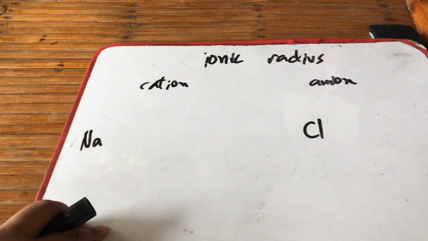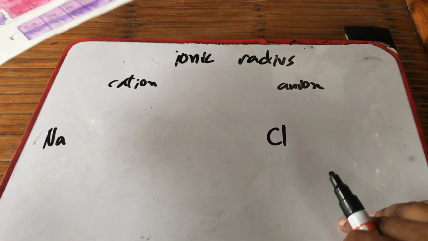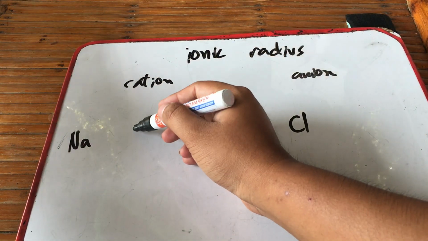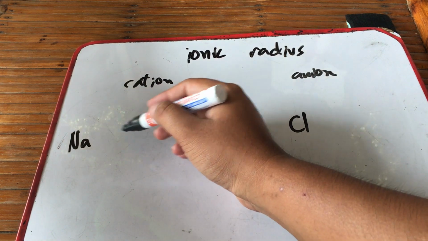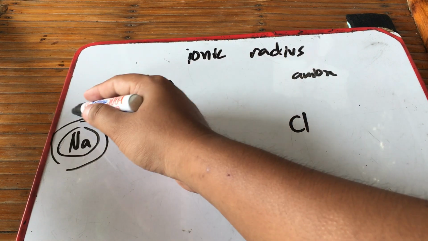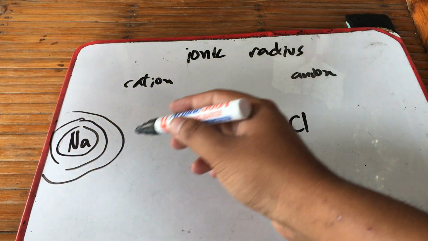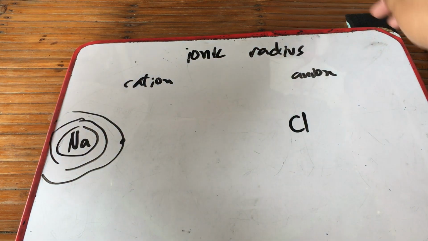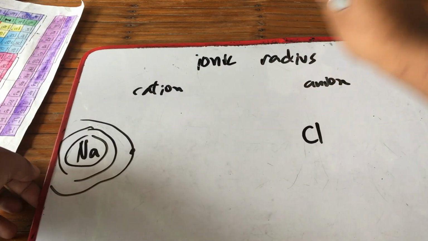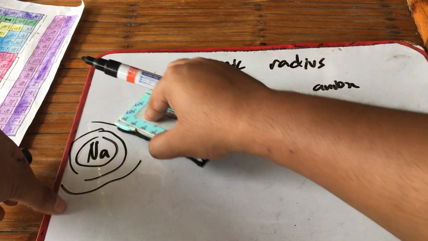Sodium initially is in period number 3 with 3 shells. So that would be Na. Dito ko na lang ilagay 1, 2, 3. And then since I remove this valence electron, the shell will be gone.